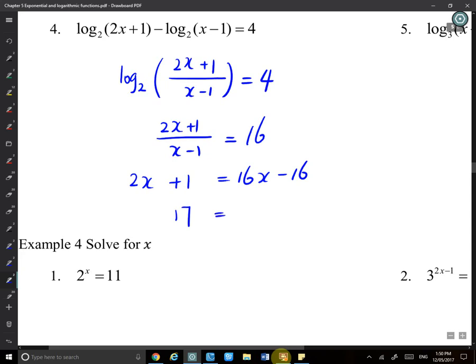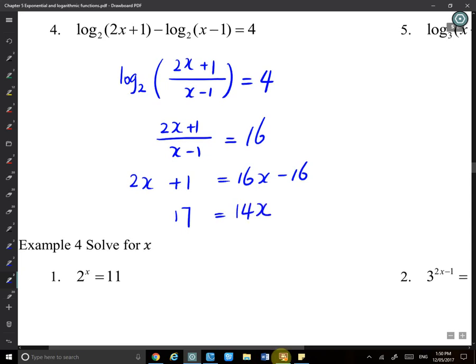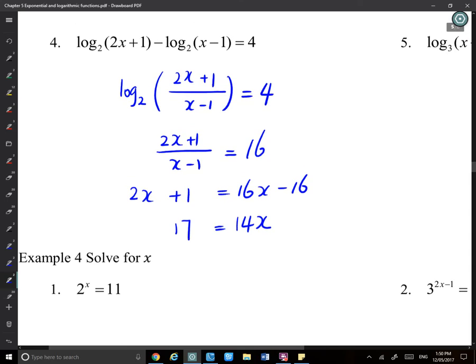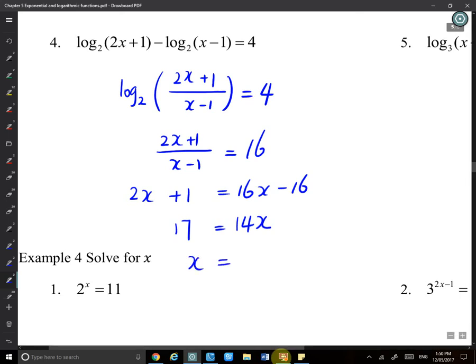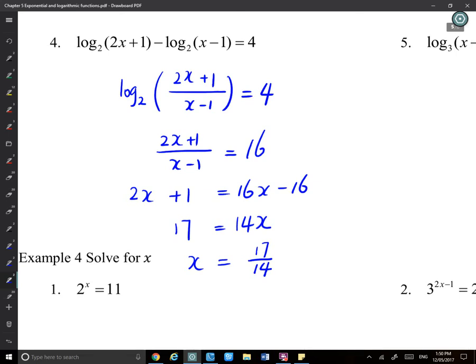17 equals 14x. So x will be 17 over 14. 17 over 14, that will be the answer.